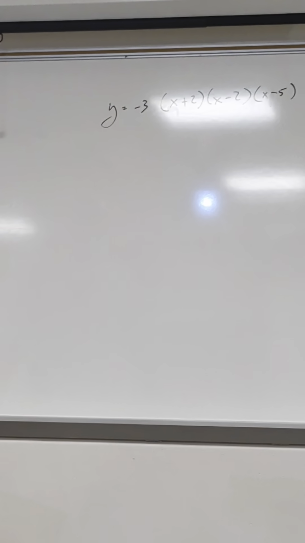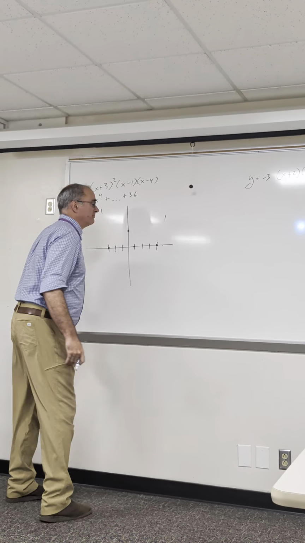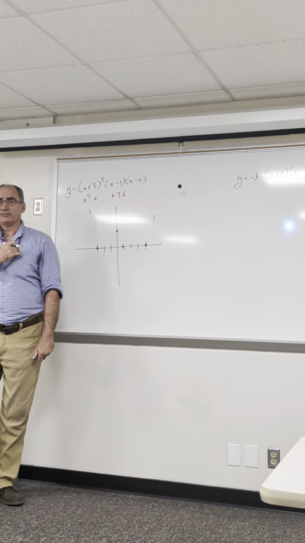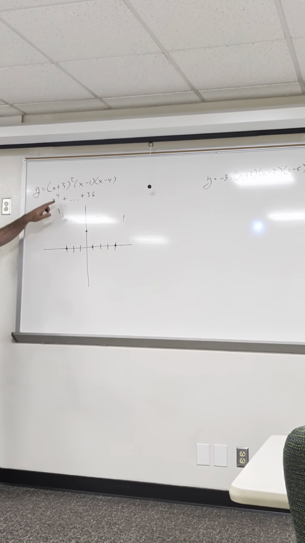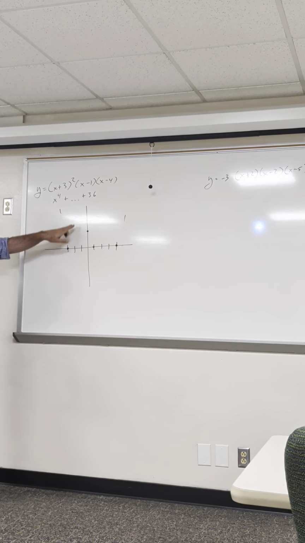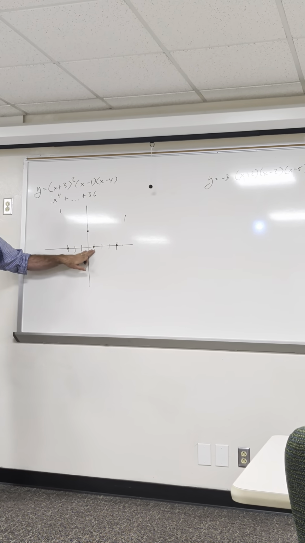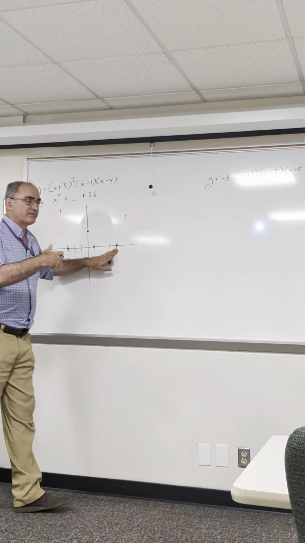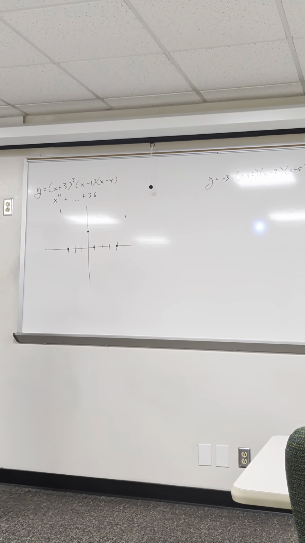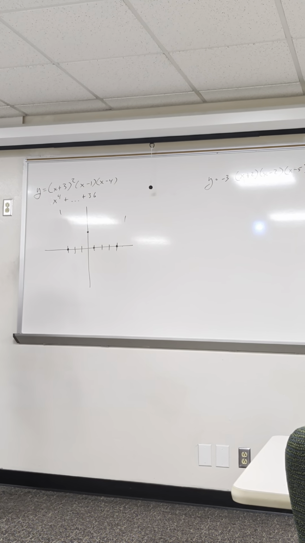Now, typically, I'm going to be kind to you, and I'm going to send it from left to right. X plus 3 goes with the furthest left. X minus 1 goes with the next one. X minus 4 goes with the last one. There is an exception, and you're going to see that on the third one. But for now, I'm just going to go from left to right.